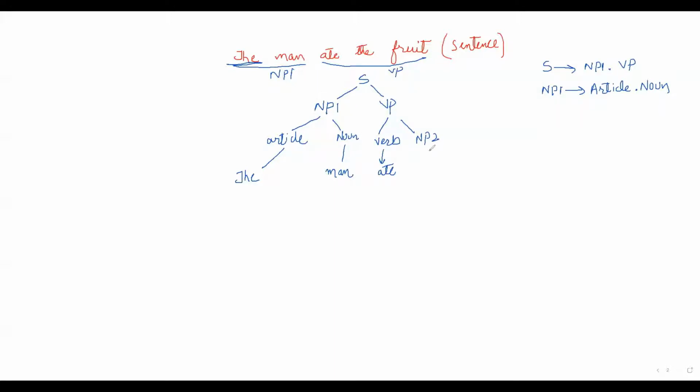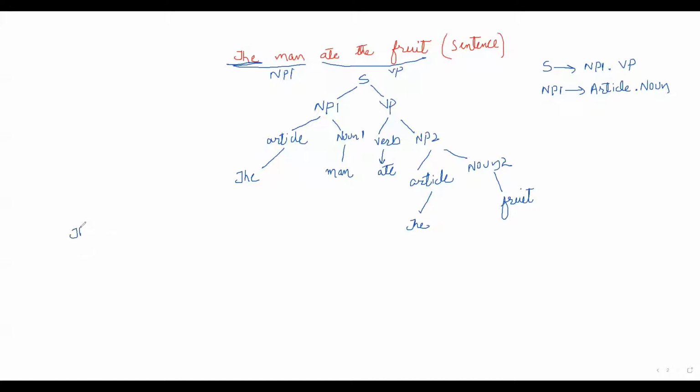One is article, another is noun. So let's say this is noun 1, this is noun 2. So this article again is the, and this noun is fruit. Okay. So using these rules, I have generated this sentence.